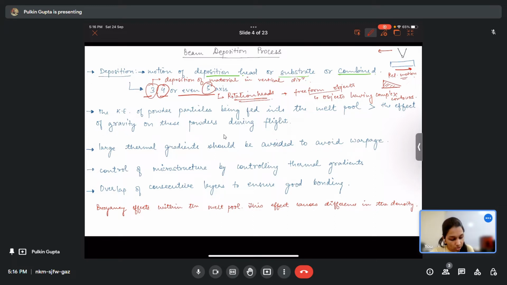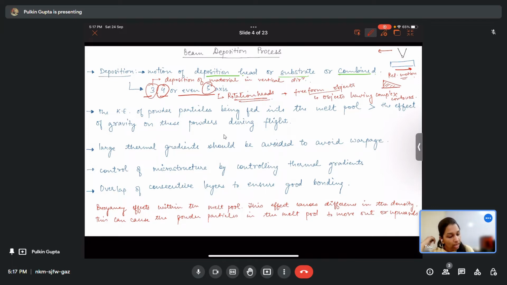So this can cause the powder particles in the melt pool to move out or upwards. So now at this point of time, the incoming powder particles having higher kinetic energy will strike on these and will force them to move towards the melt pool. Okay, so in that way, the stability of the melt pool is kind of maintained.